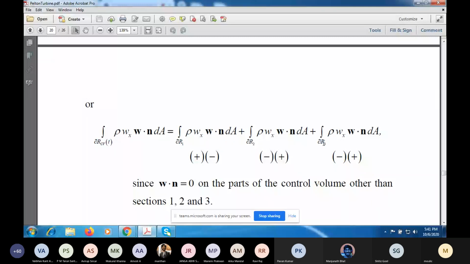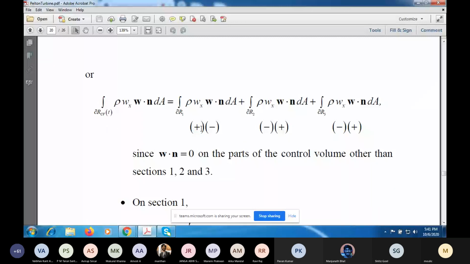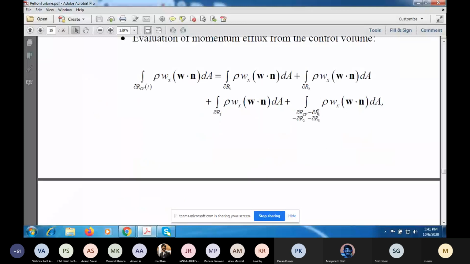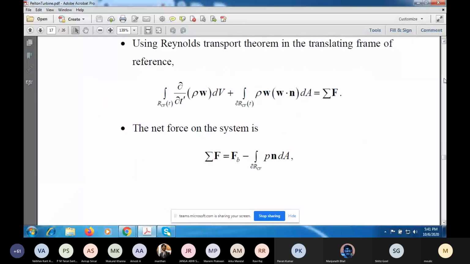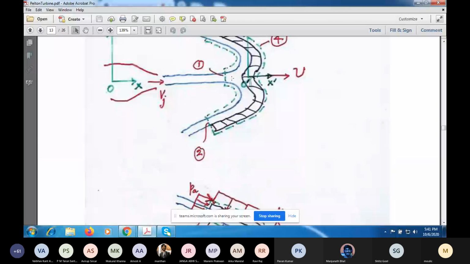Now below this, I suggest that you write down the signs. So Wx was positive on section 1. What is section 1? Let us see again. This is section 1. Wx here will be simply Vj minus the speed u. Usually it's not possible to have u larger than Vj, so it will be coming in.